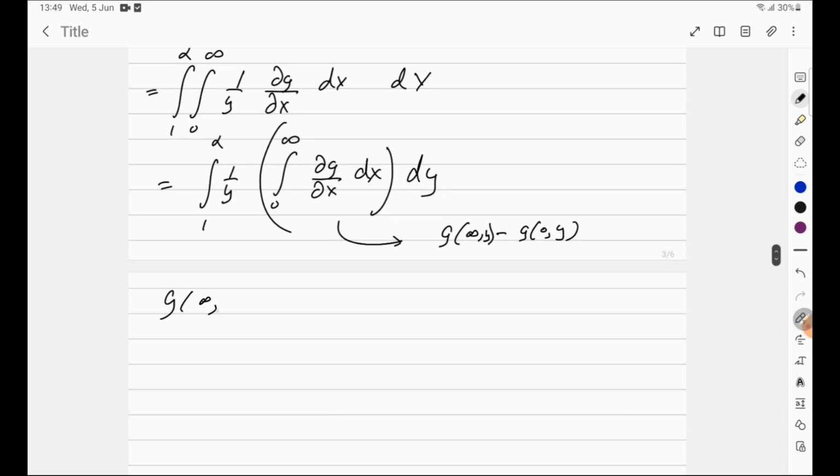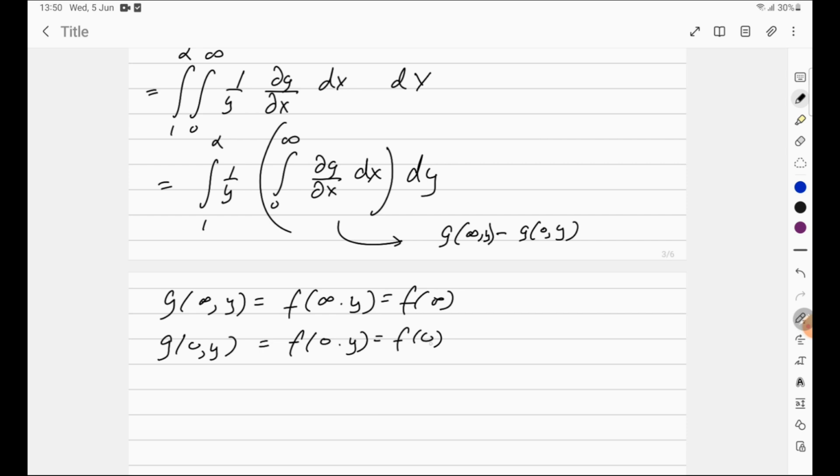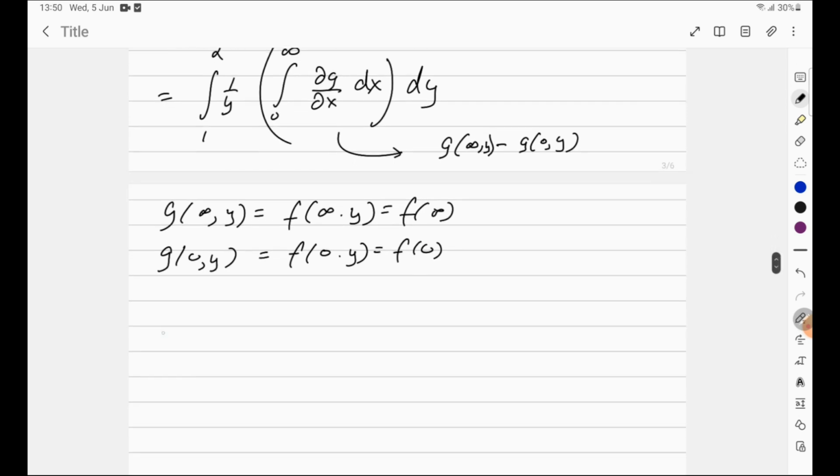Now g at infinity comma y becomes f of infinity times y, that's f of infinity. And g at 0 comma y becomes f at 0 times y, but that's again f of 0. So the integral becomes 1 to alpha, 1 over y, f at infinity minus f at 0, dy.